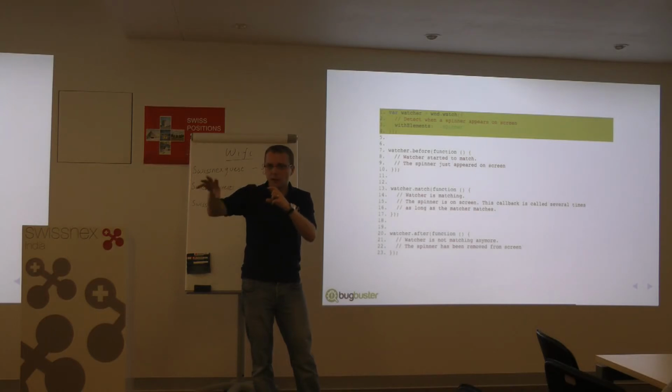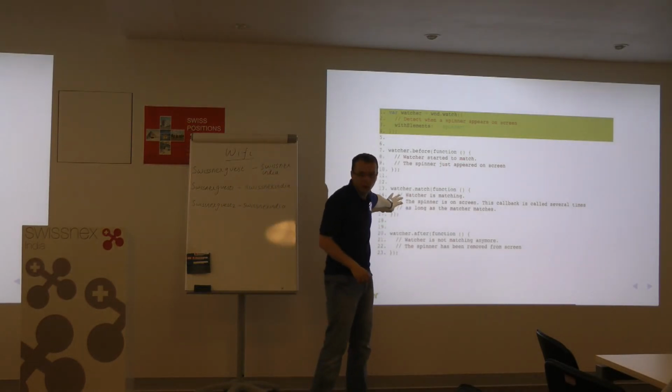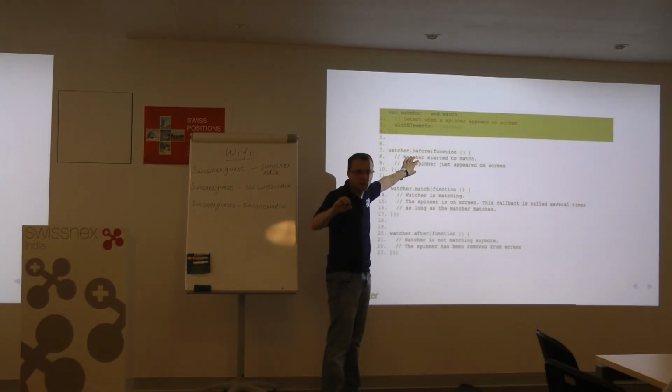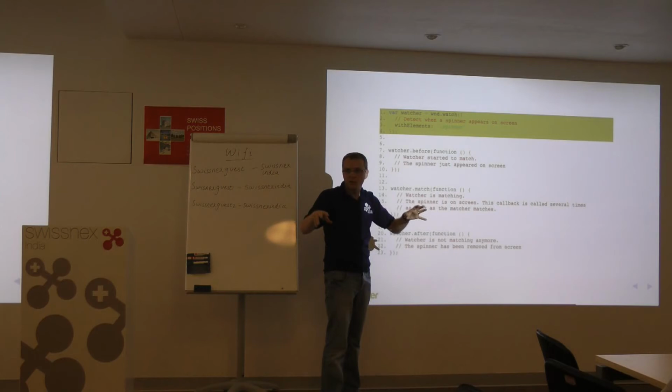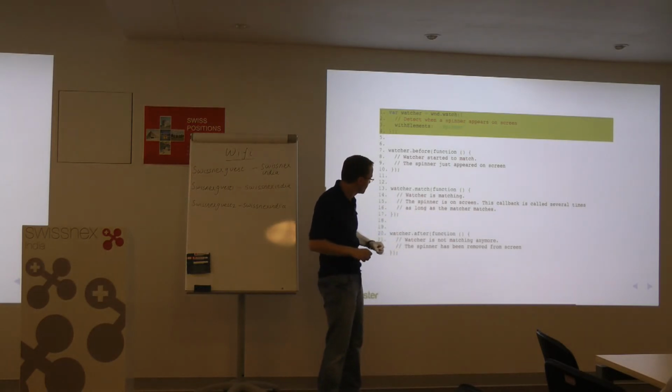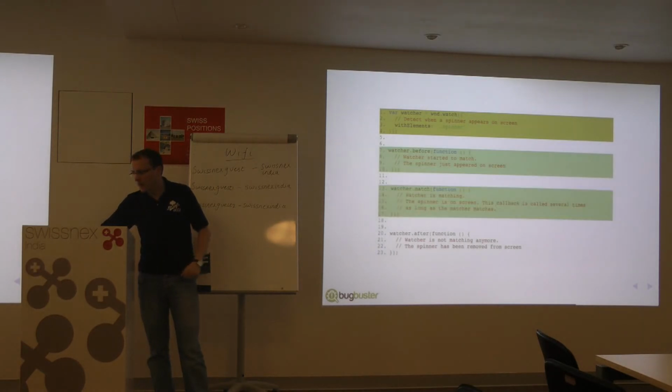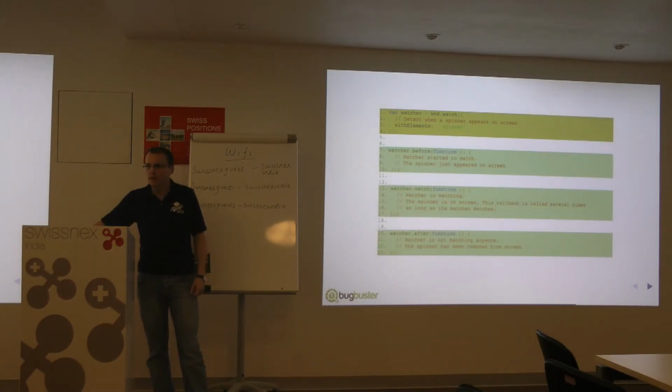So you have an element that appears, that's a new state. So the match is called and you can act on this as long as you register a function there. But before will be called just once. The spinner appears, even if the page changes, it will not be called again. So that's how you watch things.